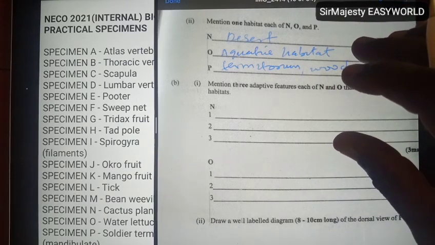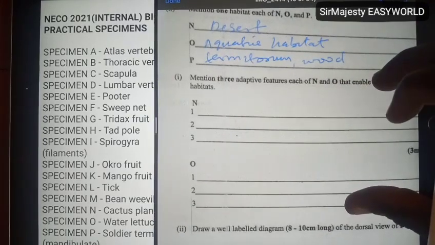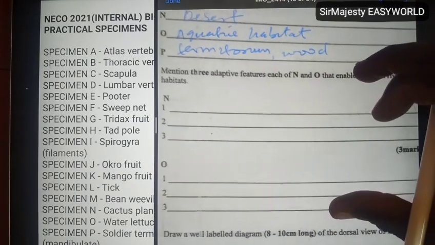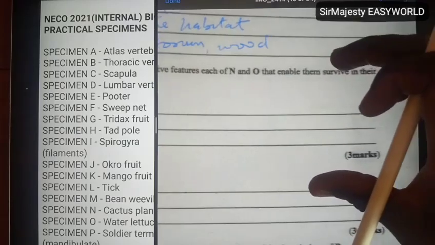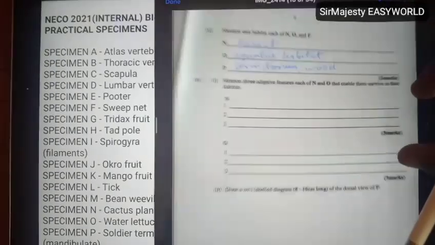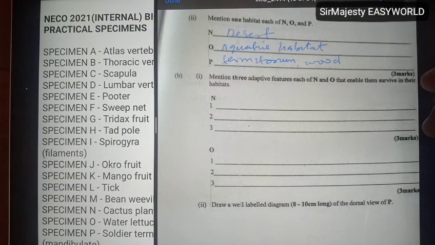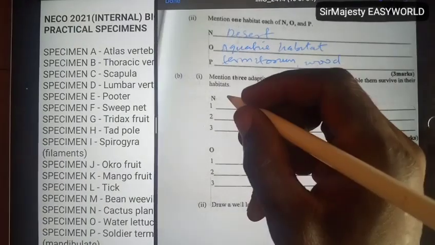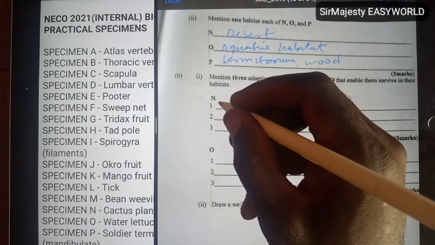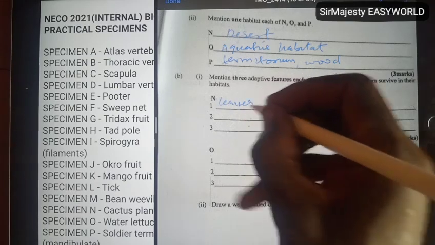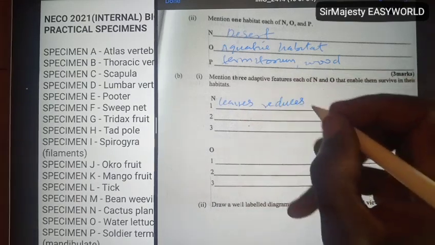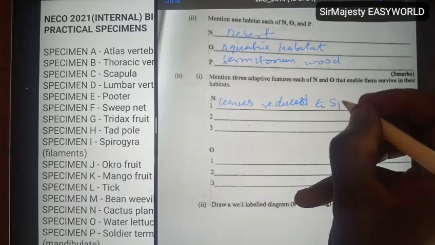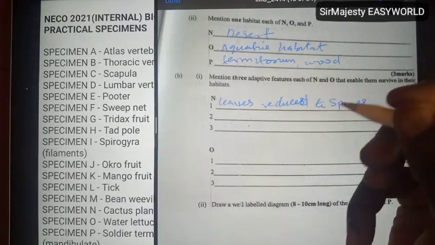Then next one says mention 3 adaptive features each of N and O that enable them to survive in their habitats. N still remains cactus plant. For features that enable it, you say it has leaves reduced to spines or hairy structures.